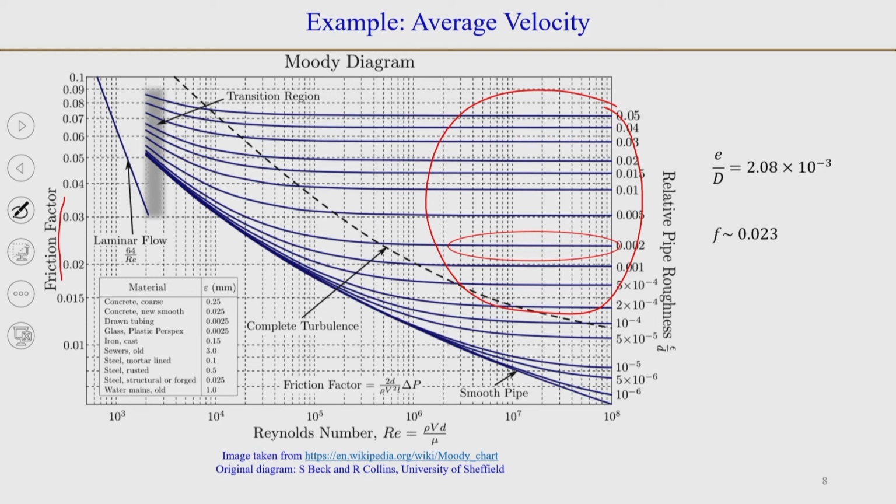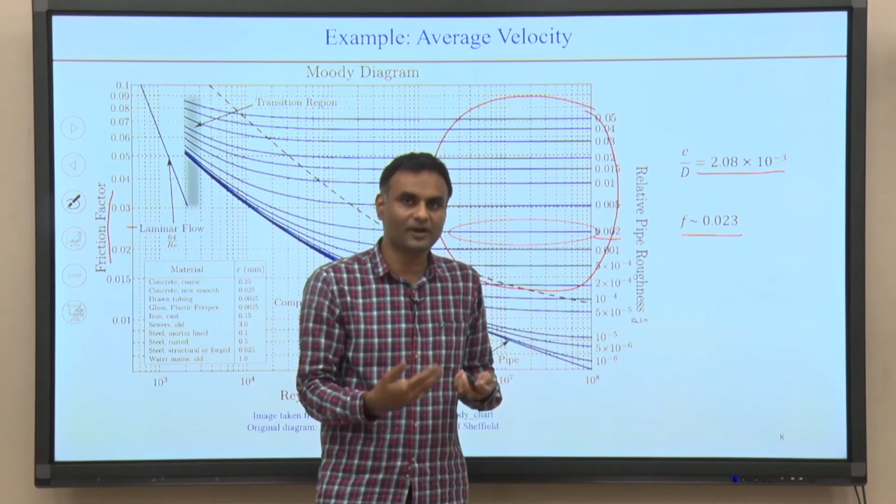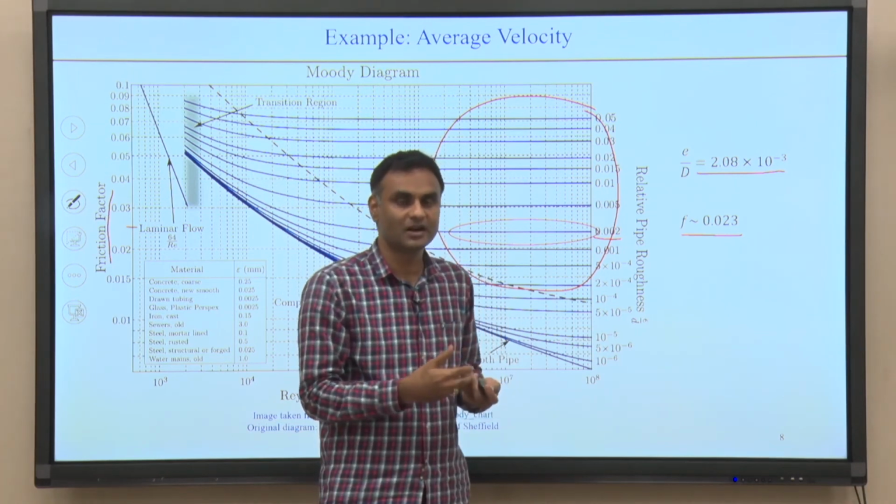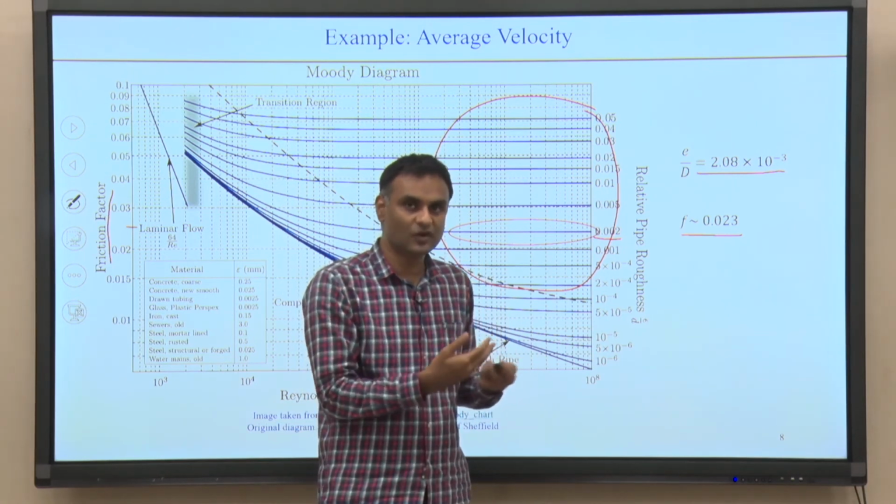So, for example, my roughness factor is 2 into 10 raised to the power minus 3 or 0.002. So, for 0.002, if I see what is my friction factor, that is close to 0.023, and it is not so important that you take a very accurate value, because finally you need to iterate and you will use the formula.